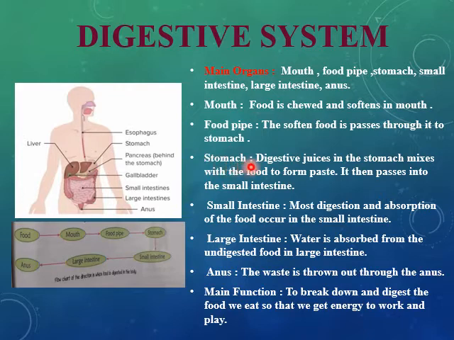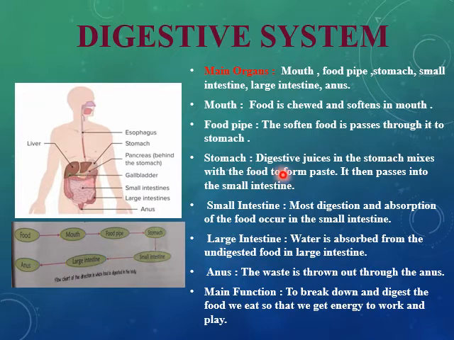Now let's see. Digestive juices in the stomach mix with the food to form a paste. It then passes into the small intestine. Children, whatever digestive juices are present in our stomach mix with the food and form a paste, which means the food turns into a paste.